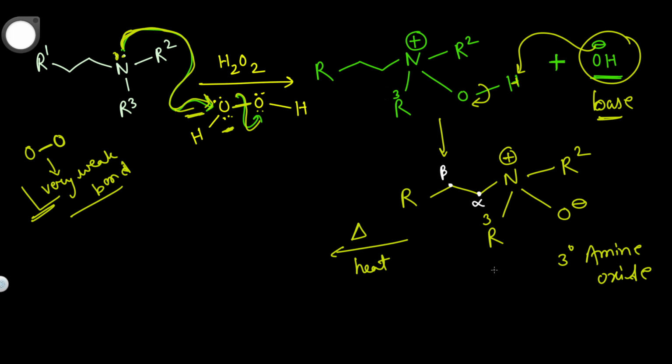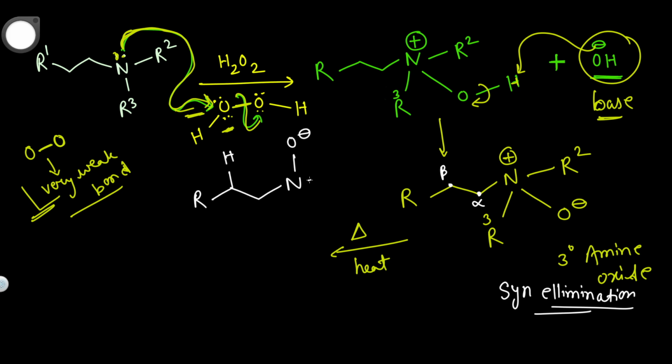I have already said that in this elimination reaction, syn elimination will happen. It means, see here, let's suppose you have N here, here is an H, here is an O minus, and you have here R2 and here R1.